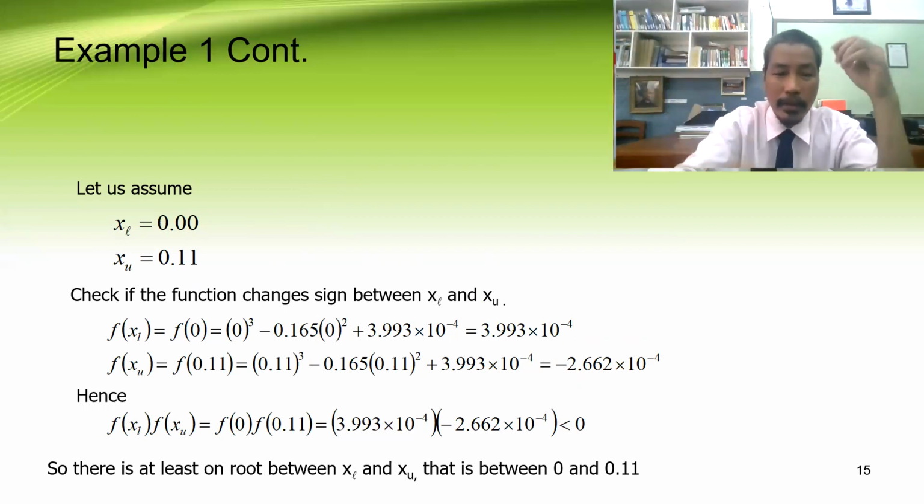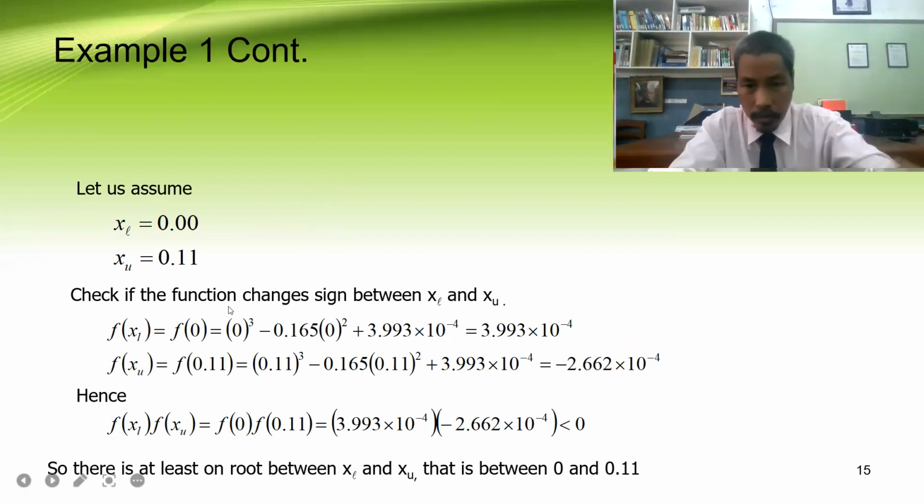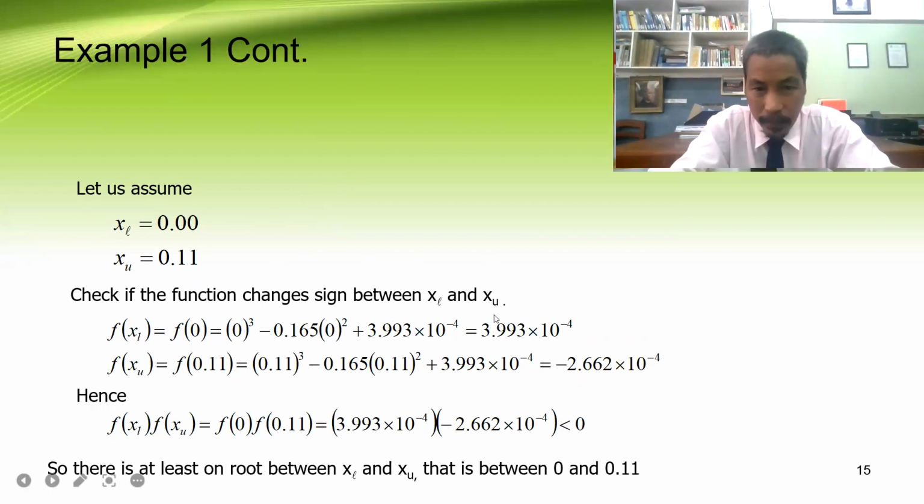If you evaluate that, with x equal to 0, you have 3.993 times 10 to the negative 4. And if you substitute 0.11, you have negative 2.662 times 10 to the negative 4. So the function now has what?